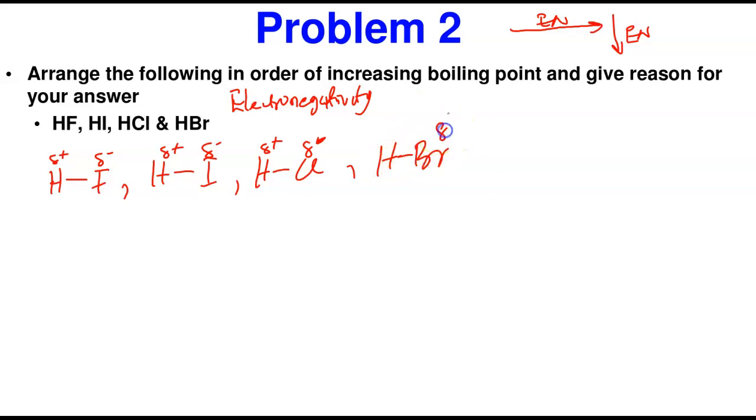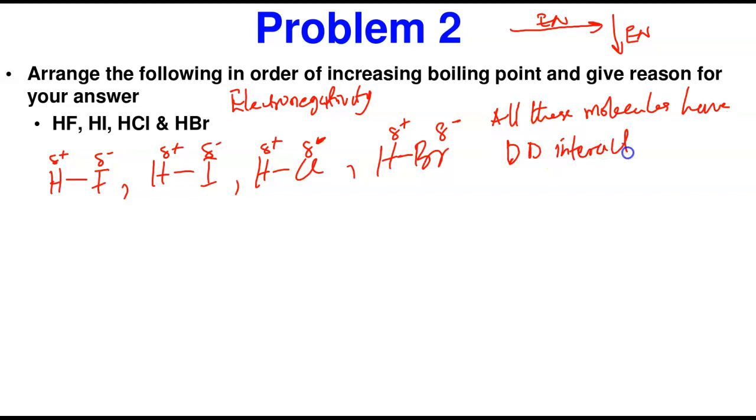This is partial negative and partial positive. If you look at all of them, they're all dipoles. All these molecules form dipole-dipole interaction. However, what are we going to use?